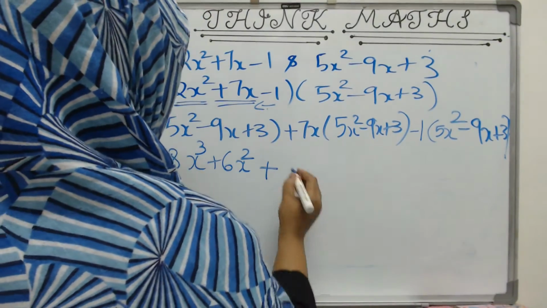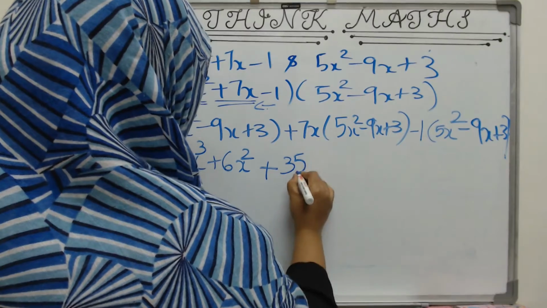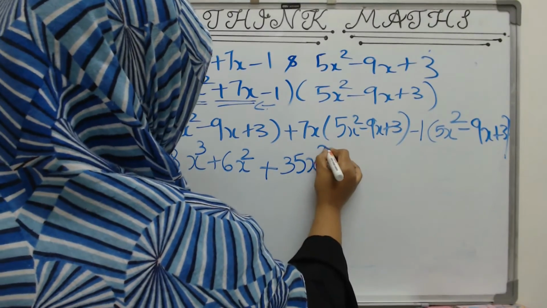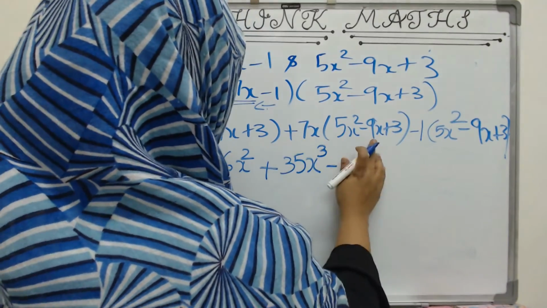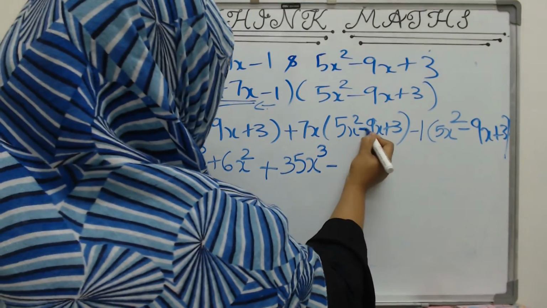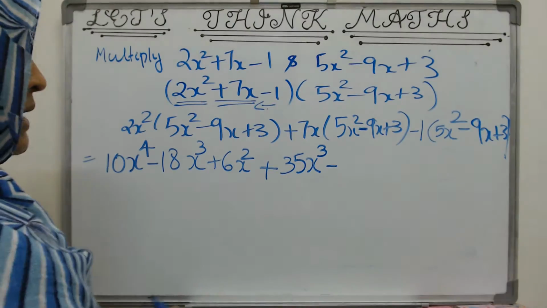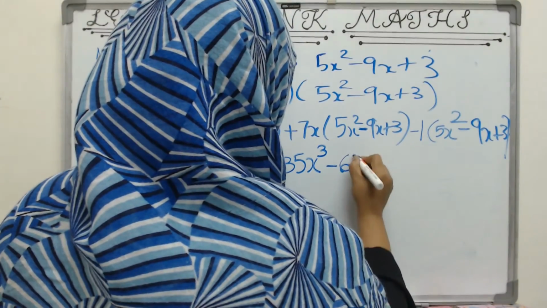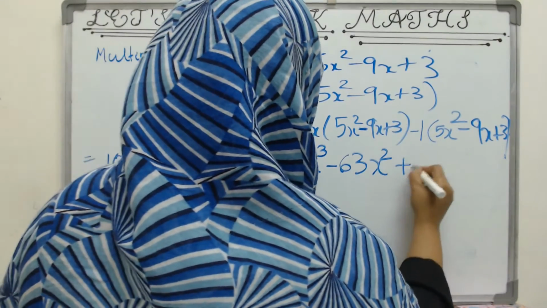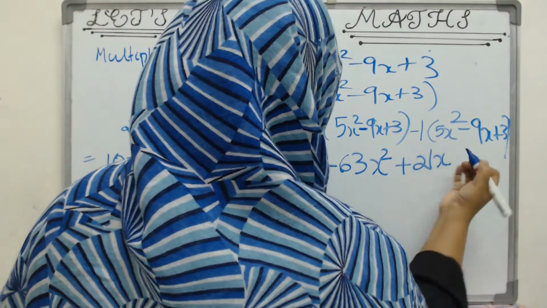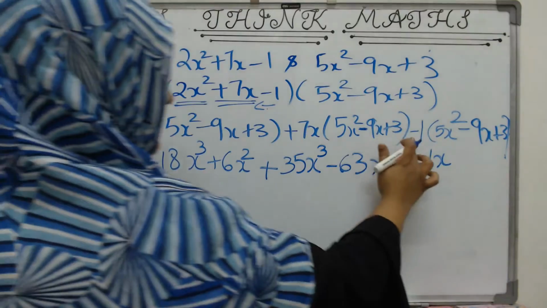Multiply these two. Then you get 35x cube, right? And minus, this would be 7 into, notice the minus here, then that would be minus 63x square, then plus 21x.